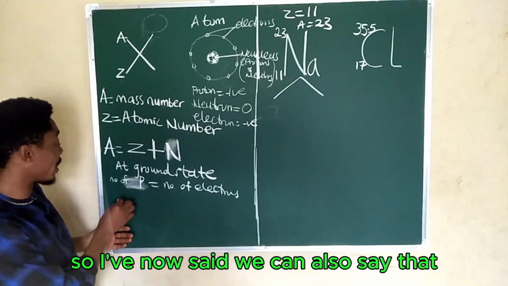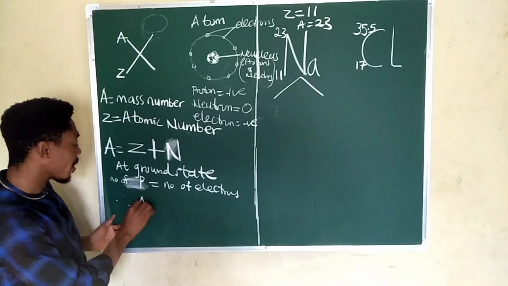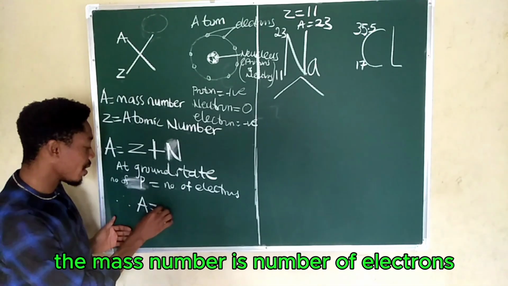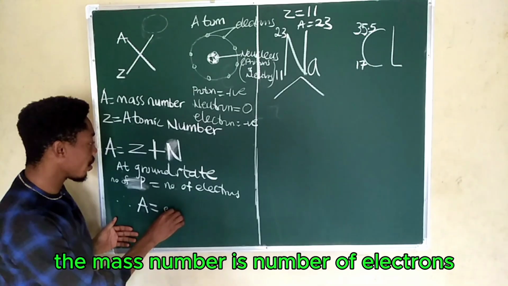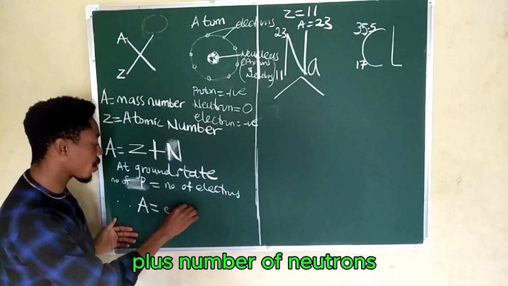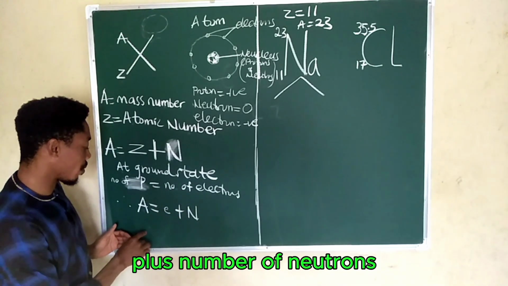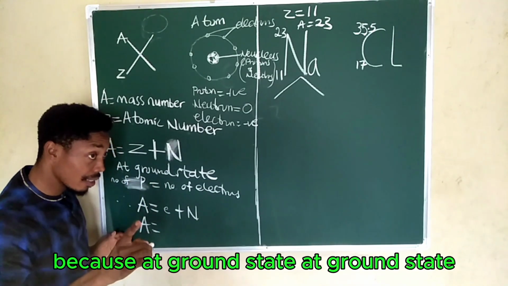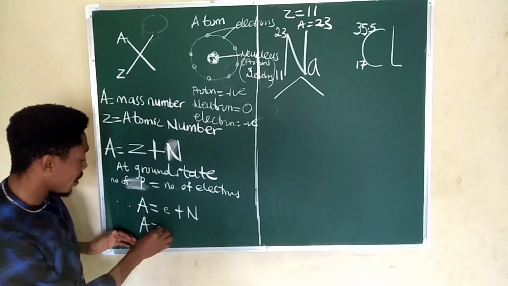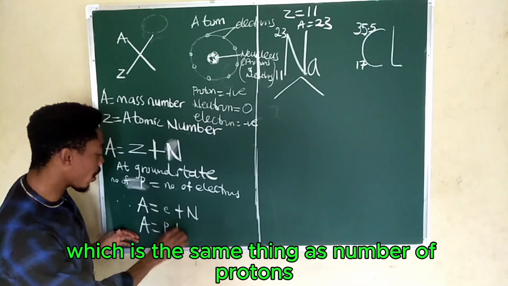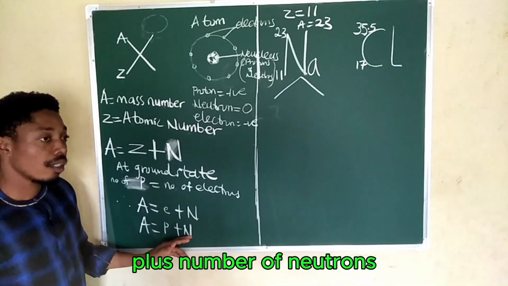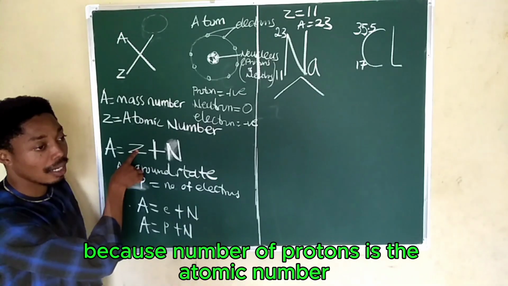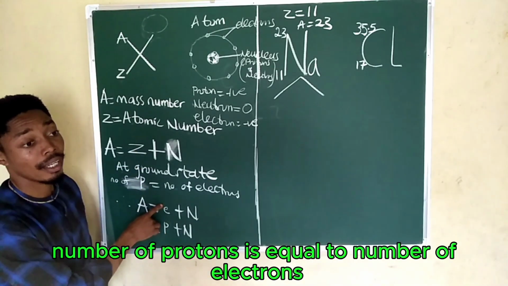So at ground state, we can also say that the mass number is the number of electrons plus the number of neutrons, which is the same thing as the number of protons plus the number of neutrons, because the number of protons is the atomic number, and at ground state, the number of protons is the same as the number of electrons.